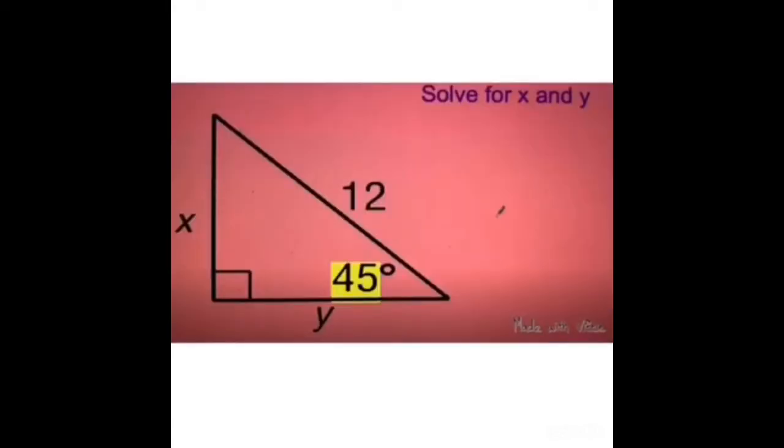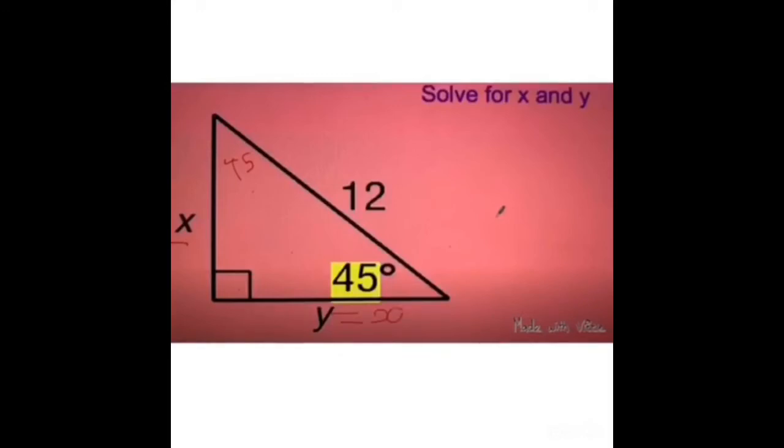Okay, so let's try the second problem where the hypotenuse is given to us as 12. So this is 45, so I know that the other angle has to be 45. Okay, so this is x. I know the other leg across the other 45-degree angle has to be x.